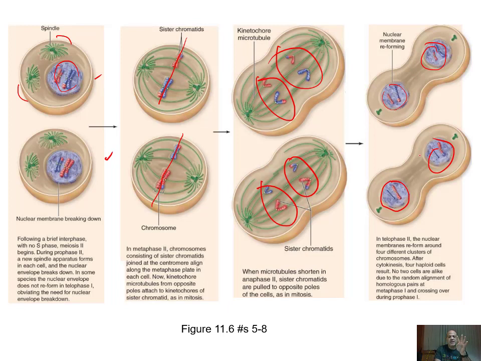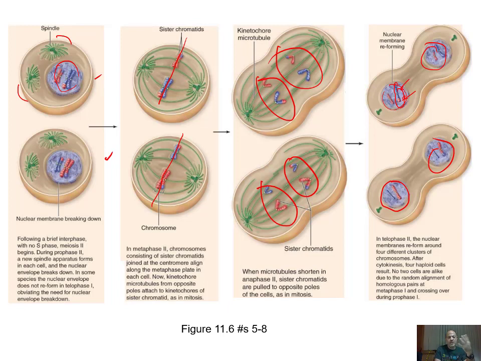You're going to end up with 4 cells, and each of these 4 cells, if we look, and they're just looking at 2 chromosomes here, you're going to have different combinations of entire chromosomes, and then the crossing over, like you see there with the different color coding.